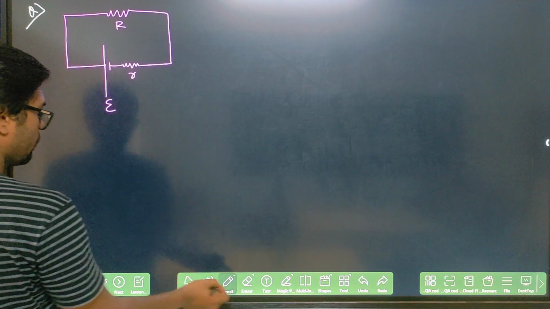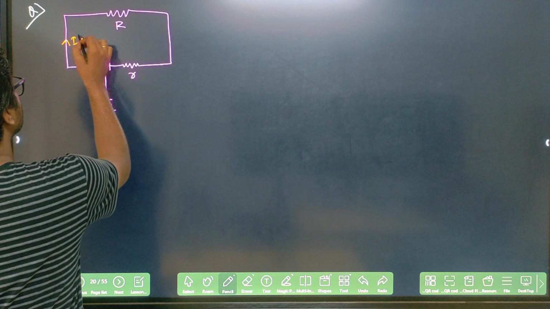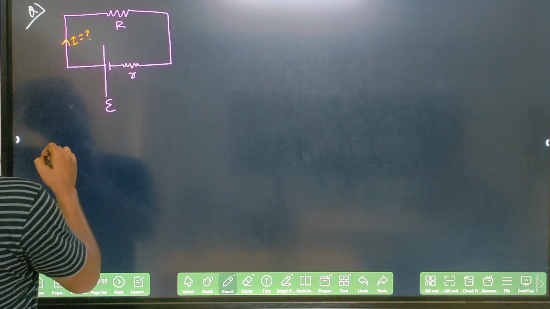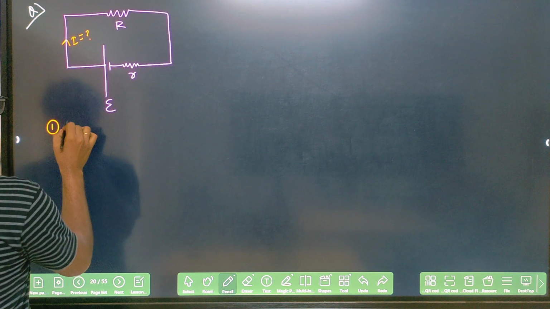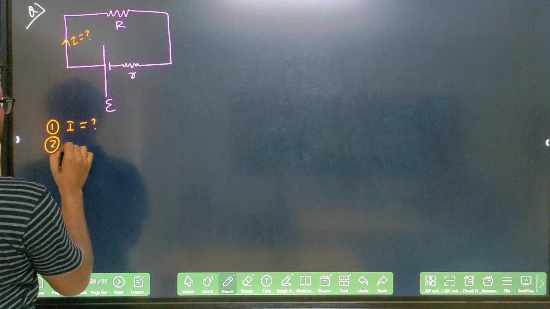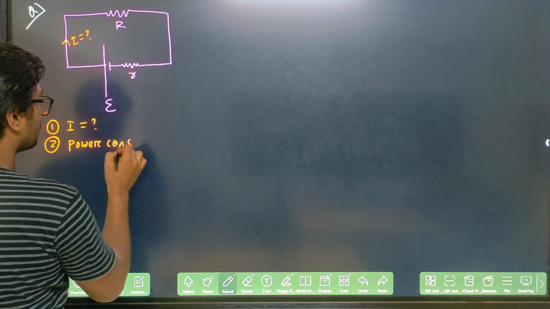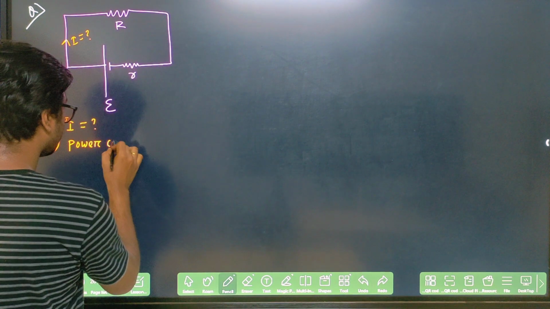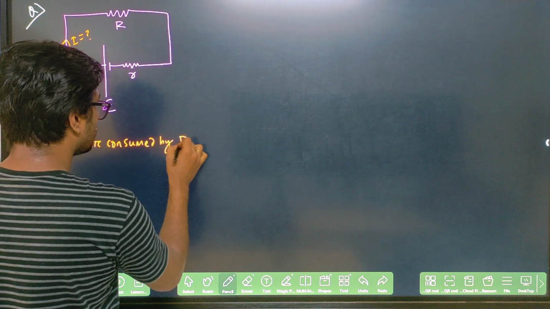Now you have to find out the current through the circuit. First thing you have to find out the current, second you have to find out the power consumed by the resistor capital R.